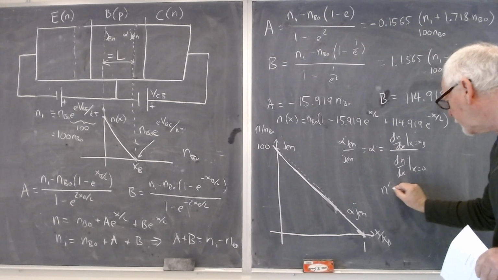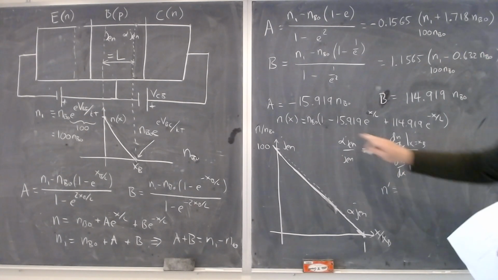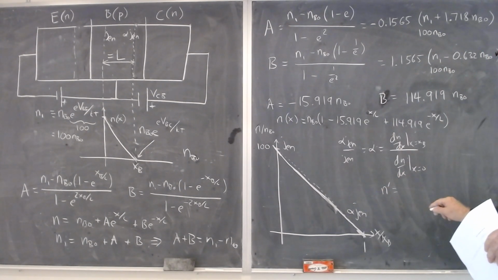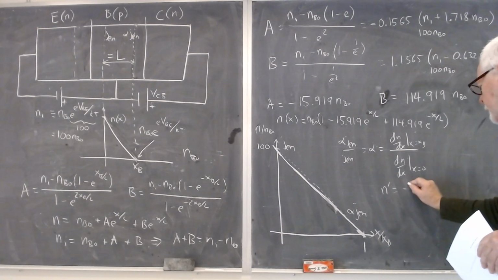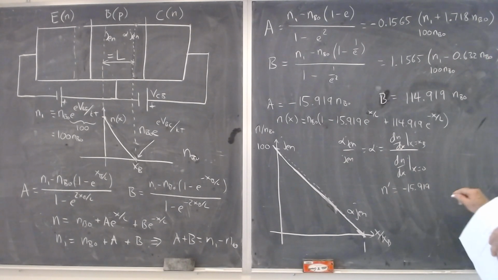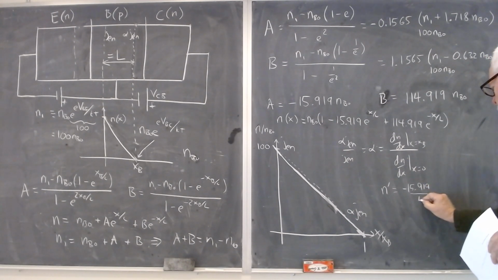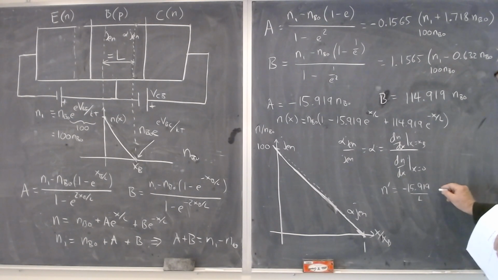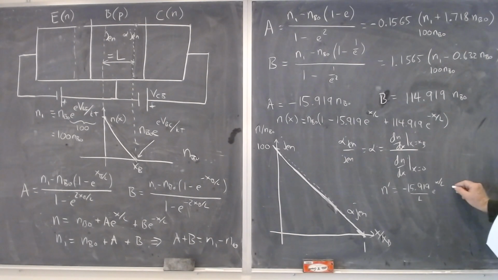So n prime is equal to, this term goes away, so that becomes minus 15.919 over L, e to the x over L, just taking its derivative, minus 114.919 over L, e to the negative x over L.